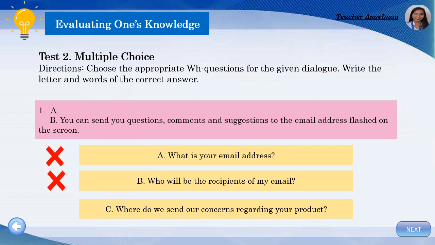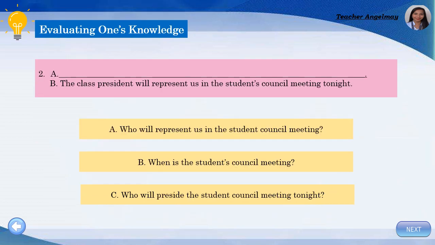The answer is letter C. Where do we send our concerns regarding your product? Number 2. The class president will present us in the Students' Council meeting tonight. What is the answer? The answer is A. Who will present us in the Students' Council meeting?